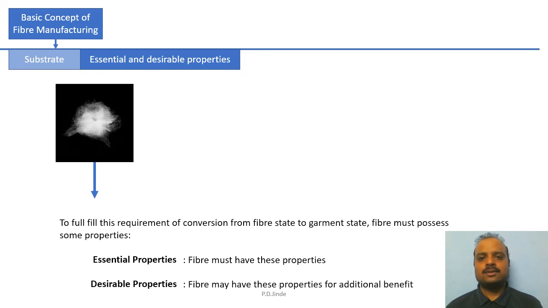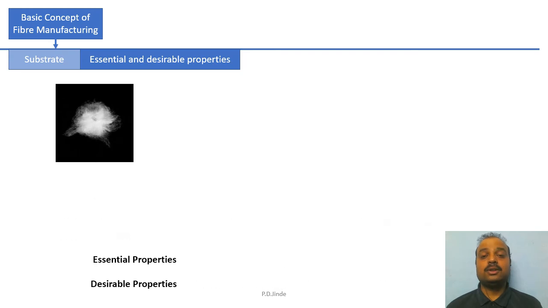Fibers are subjected to several treatments during manufacturing from the fiber stage to the garment stage. What are those different treatments? Sometimes we compress the fiber, we twist the fibers, we treat with alkali and acid chemicals, we subject the fibers to high temperature, high pressure, sometimes laundering, rubbing.